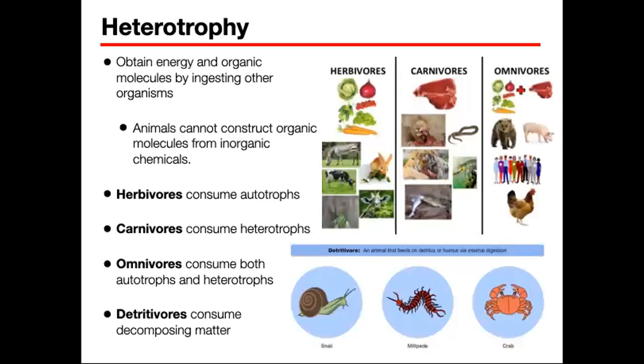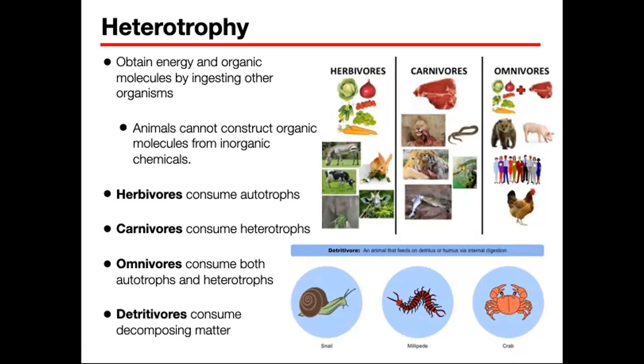Okay, heterotrophic also, they need to ingest other organisms to meet their nutritional demands. And this is also a way that we can classify animals. If an animal consumes autotrophic organisms, it's an herbivore. If it consumes heterotrophs, that animal is said to be a carnivore.